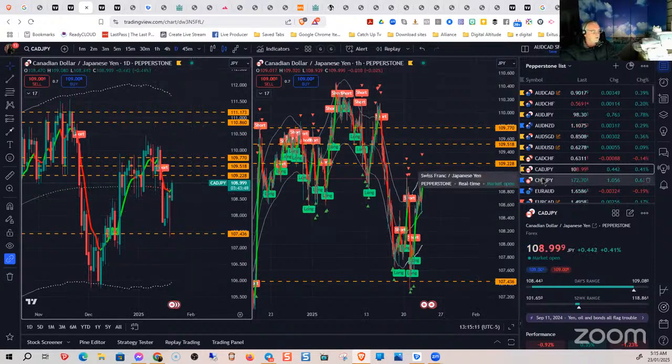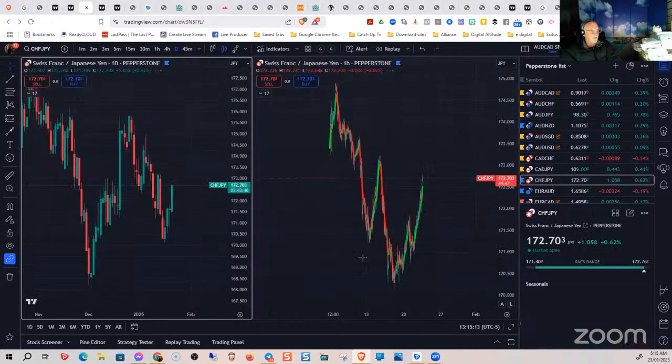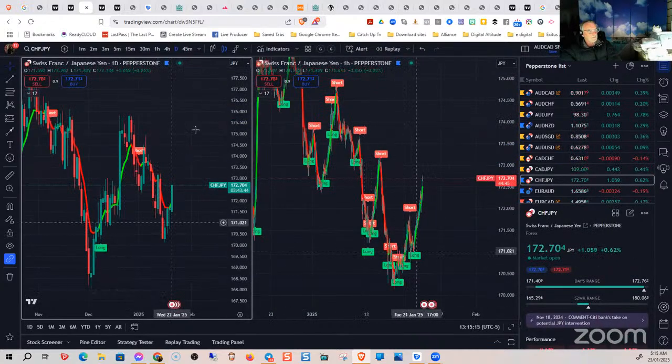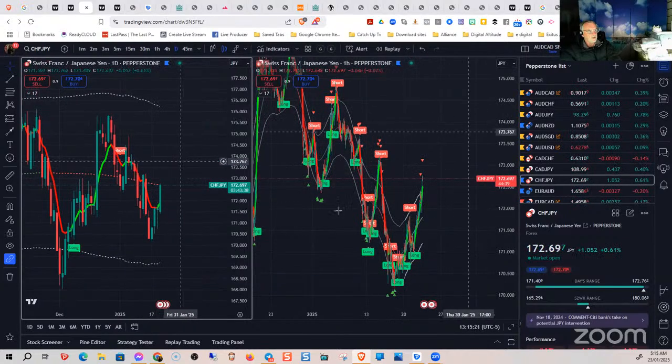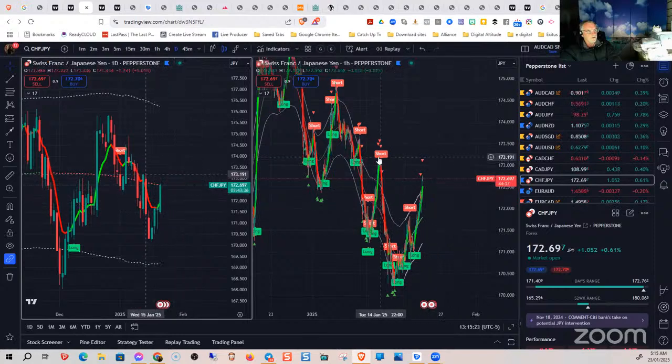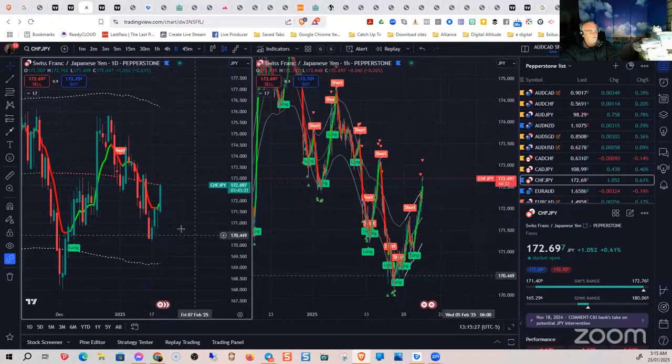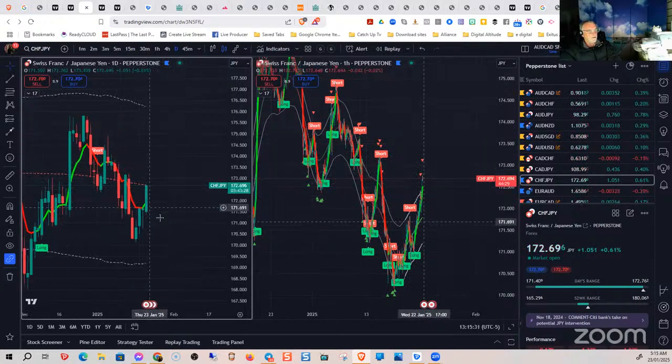All right, CHF JPY. Again, we've got a change in the trend bar on the daily. Nice push up. Yeah, it hasn't broken that high on this hourly. So we'll see. There may be a pullback on that before it does drop back down again.